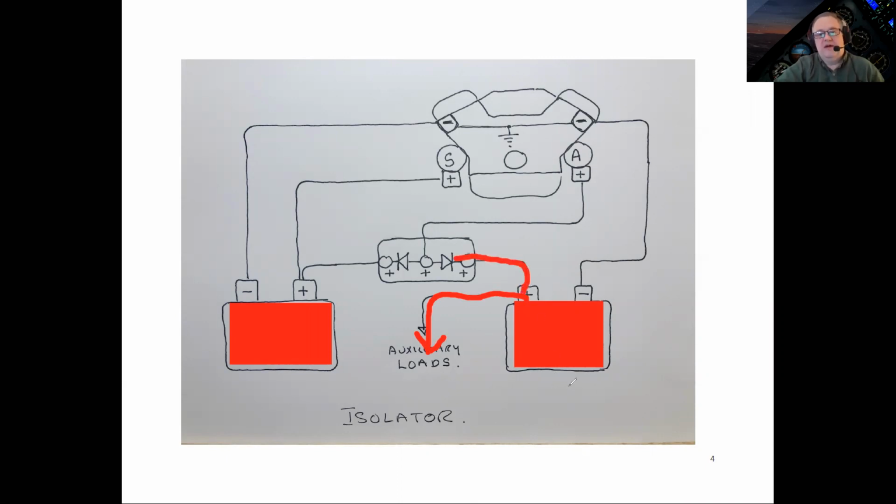It's blocked at that point. So in other words, nothing is going to go from your auxiliary battery into your starting battery. And at the same time, from here, you've got power that is available up to your starter. So as soon as you turn the switch, it'll start. And you also have power, but it only goes up to the isolator, and it's blocked at this point. So no flow from the starting battery to the auxiliary battery.